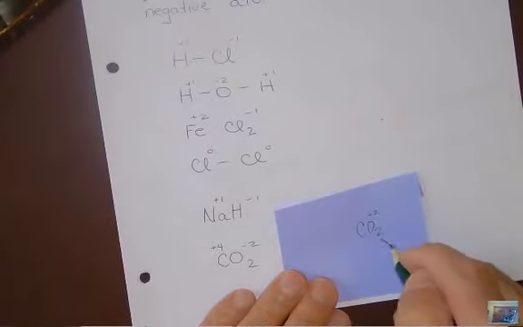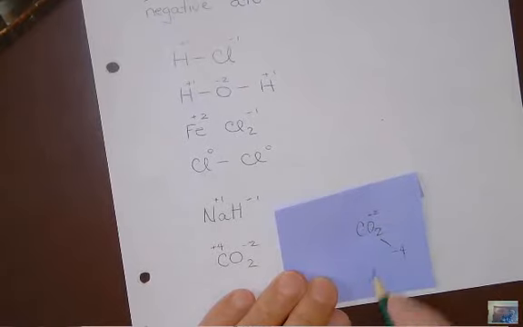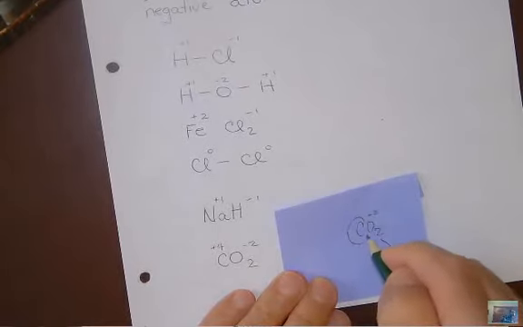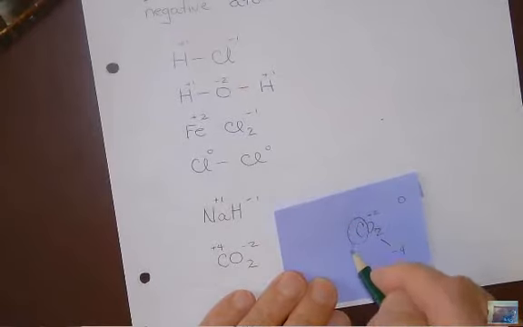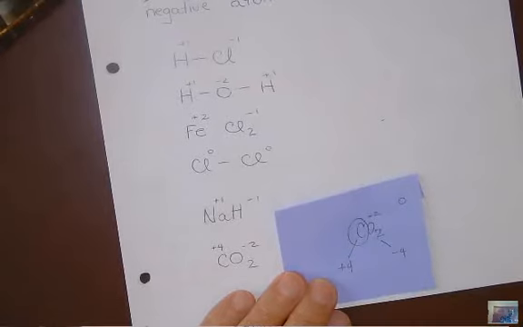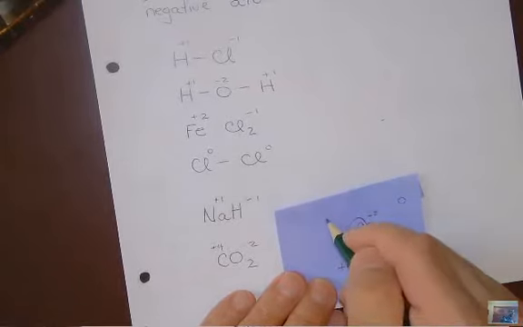So if each oxygen is in the -2 state, and there are 2 of them, 2 times -2 gives you -4. So that -4 has to be balanced by something, because the whole carbon dioxide is equal to 0. So the carbon in carbon dioxide has got to be +4.